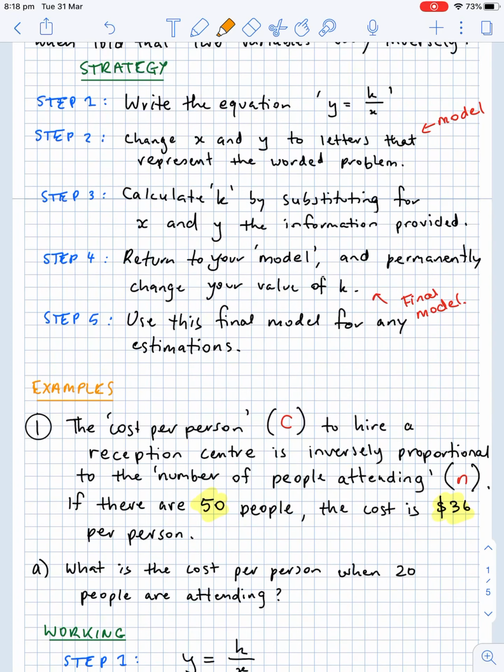Step four, you need to now return to your model, with your x and y changed to more relevant letters, but you want to permanently replace k with its value. You don't want to see k anymore once you calculate it. That's going to be your final model, and that model is used to do any sort of estimations. That's step five.